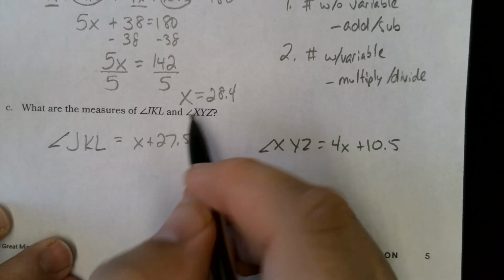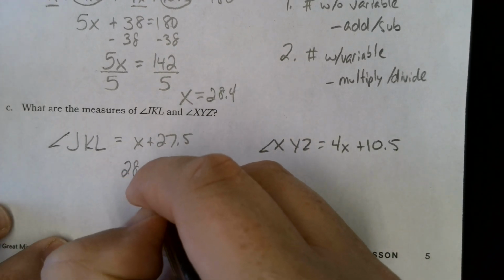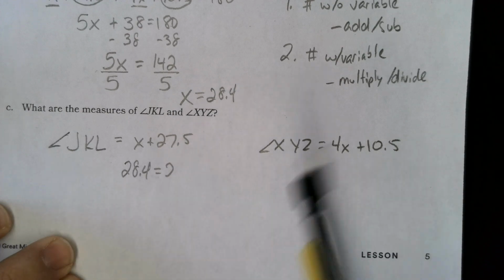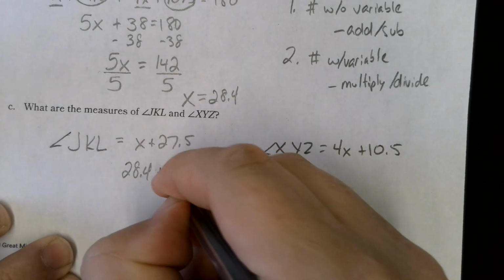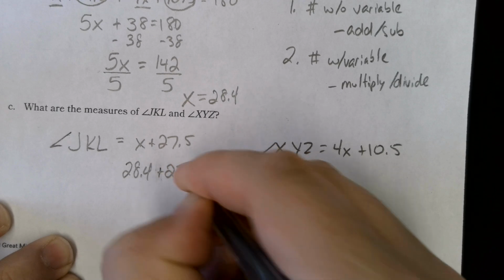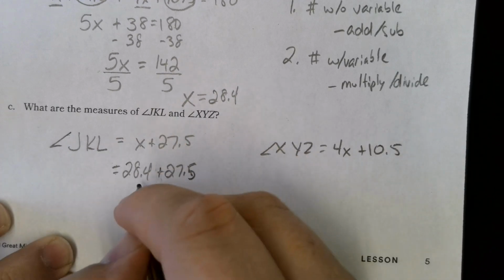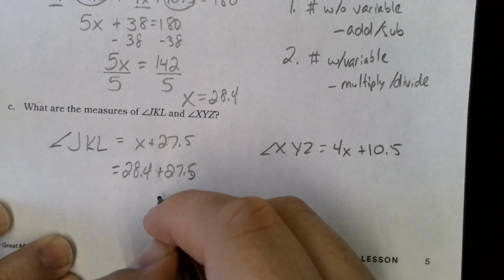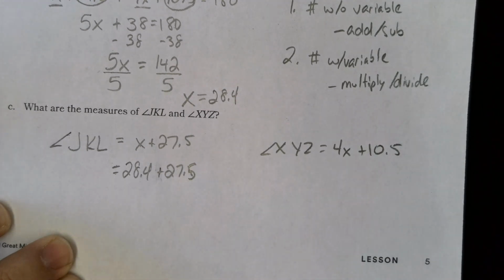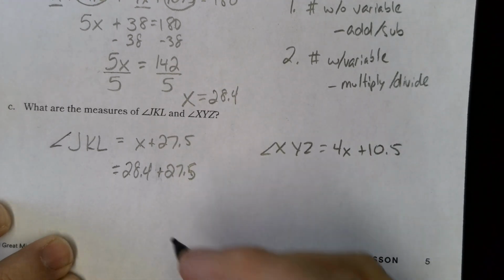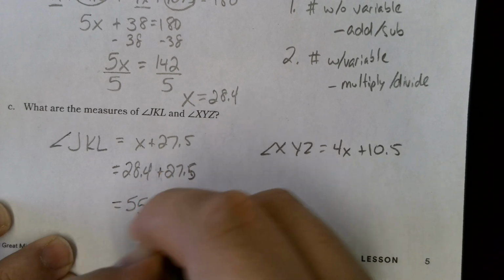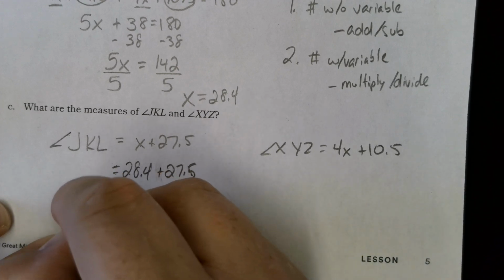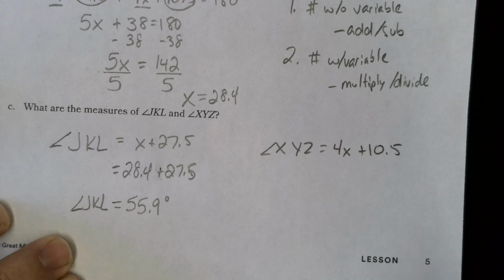We know what x is, so we're going to replace x with our solution, 28.4, plus 27.5. When we add those two together, we get an answer of 55.9 degrees for angle JKL.